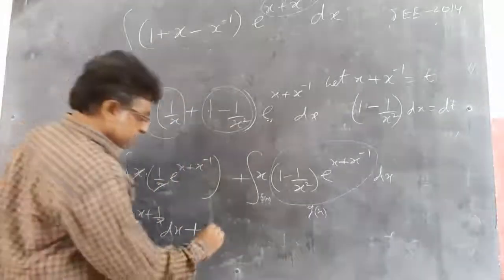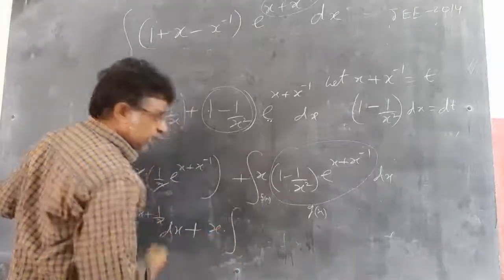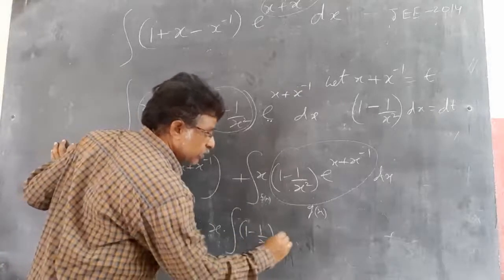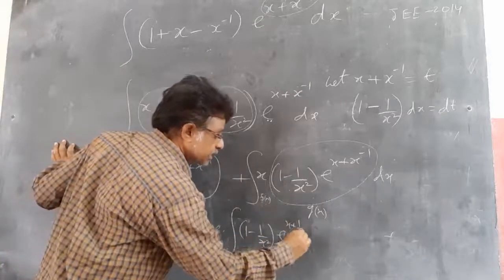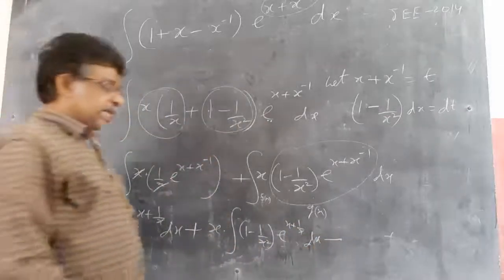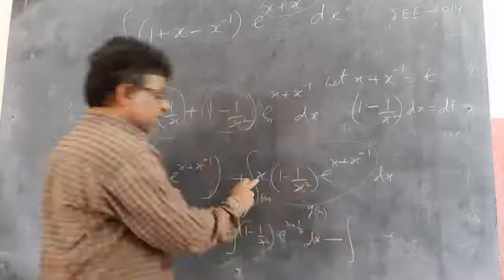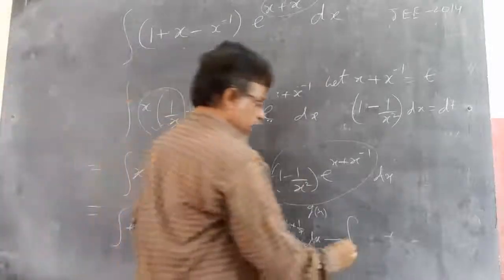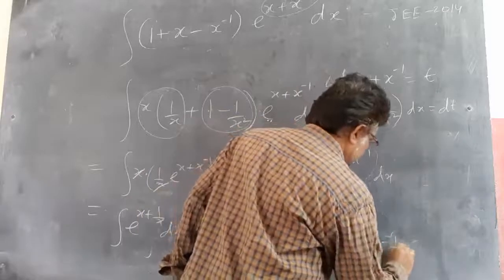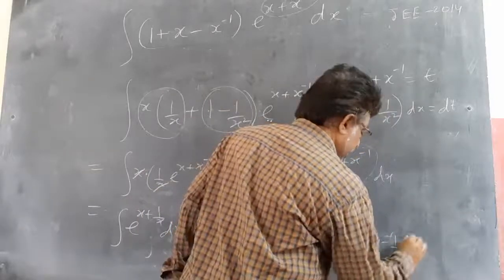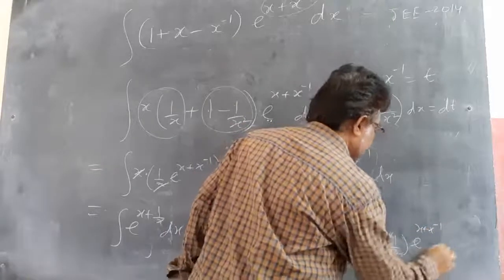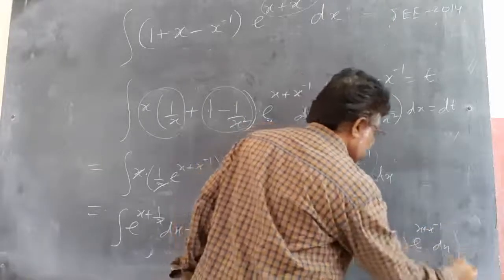fx into, that is x into the integral of gx, meaning (1 minus 1 by x square) into e power x plus 1 by x dx, minus the integral of f dash x, the derivative of x, which is 1, into the integral of this part, (1 minus 1 by x square) into e power x plus x power minus 1 dx, whole dx.